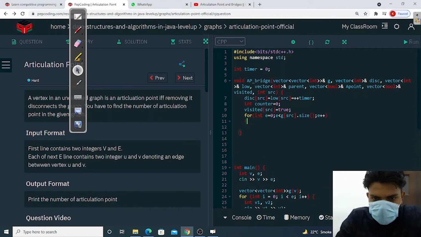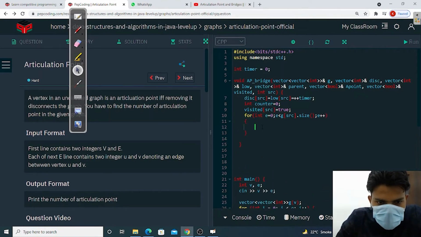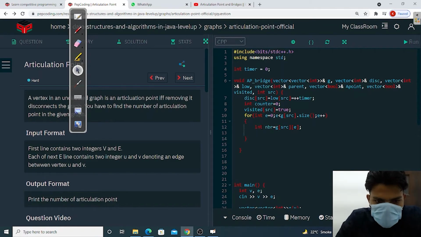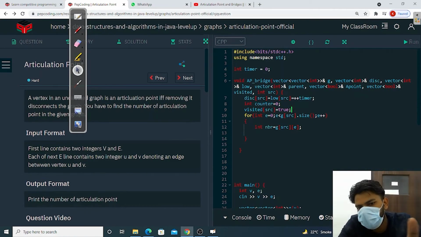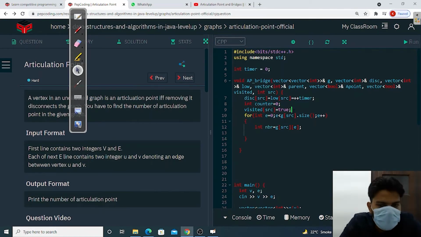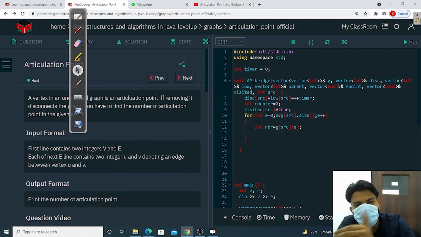Then we have to find our neighbors, like g of src of e. So we just find out what our neighbor is. We found our neighbors like 0 1, 0 2, 0 3. First we have to mark the source as visited, because at every source we have to make it visited. Then we call our neighbors like 0 1, 0 2, 0 3.